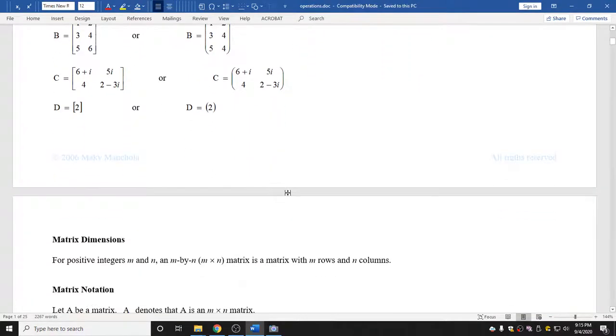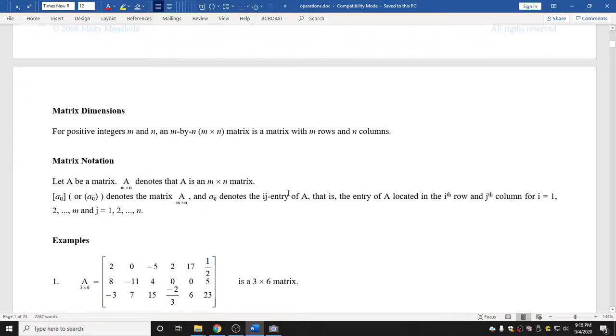Okay, next. Matrix dimensions. For positive integers m and n, an m by n matrix, notice the notation, m by n matrix, is a matrix that has m rows and n columns.